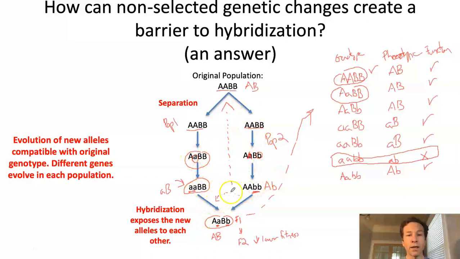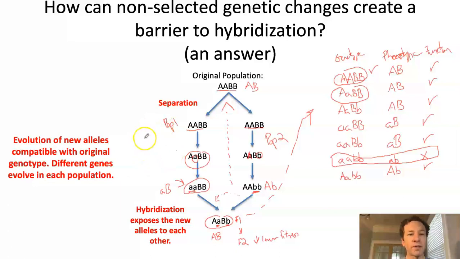So when these come back together, this is going to mean that there is going to be strong selection to avoid intermating between individuals from population 1 and individuals from population 2. As a result, any traits that reinforce barriers to hybridization between these two species should be selected for.